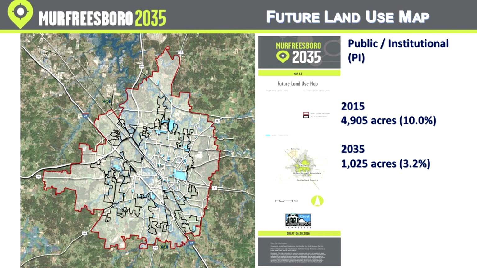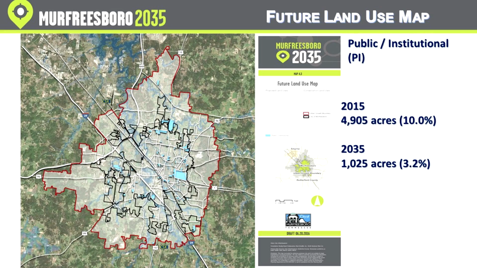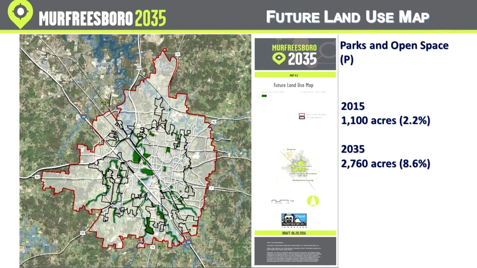I can't remember how many high schools we were talking about, a significant number, but we chose not to locate those on this future land use map just because it's too amorphous right now. So we do know that we're going to need at least 1,025 acres for schools, but then there are also additional police stations, fire stations, that kind of public institutional land use that this map is not showing.